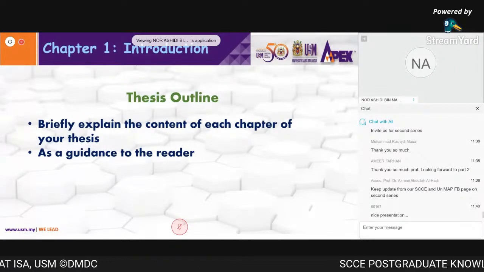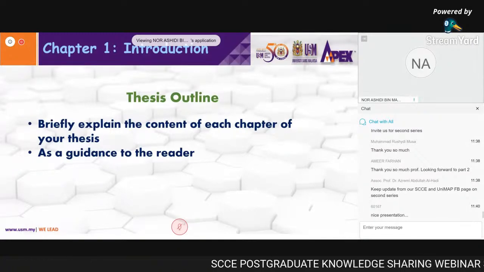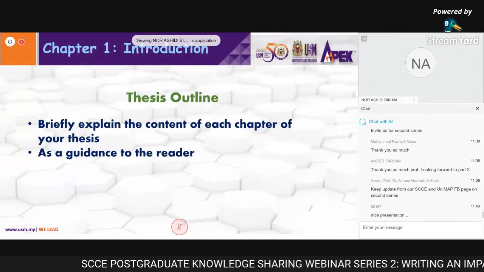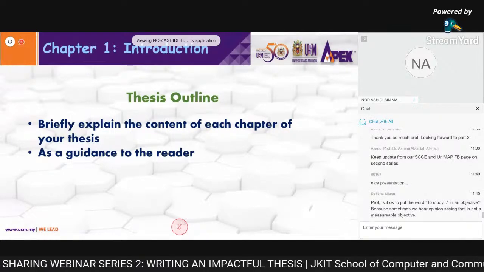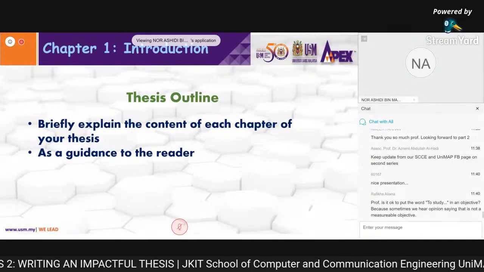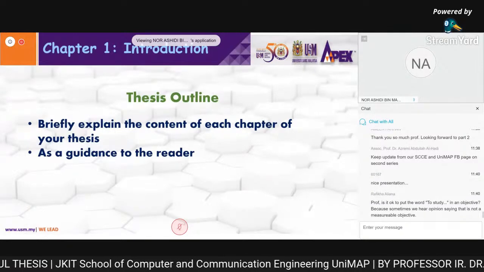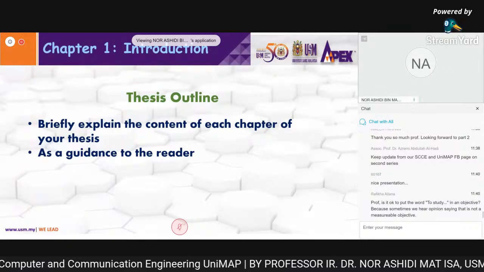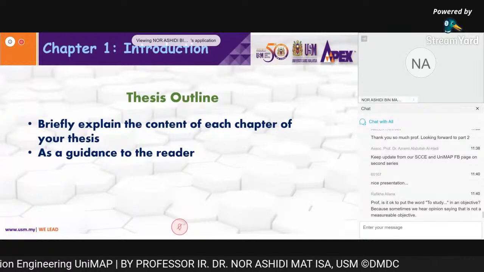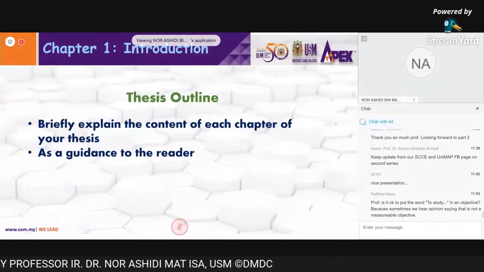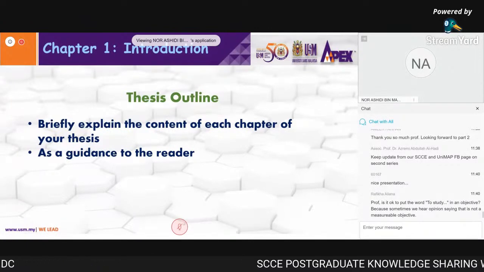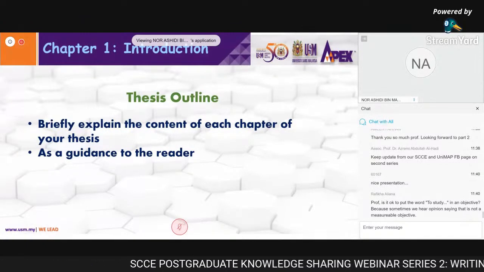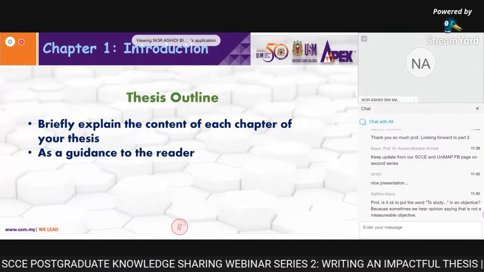So in terms of the content, for the proposal, yes, we need the introduction, we need a problem statement, then we need a proposed methodology. But we don't have the results and the discussion. We only have the expected outcome. What do you expect from your methodology?